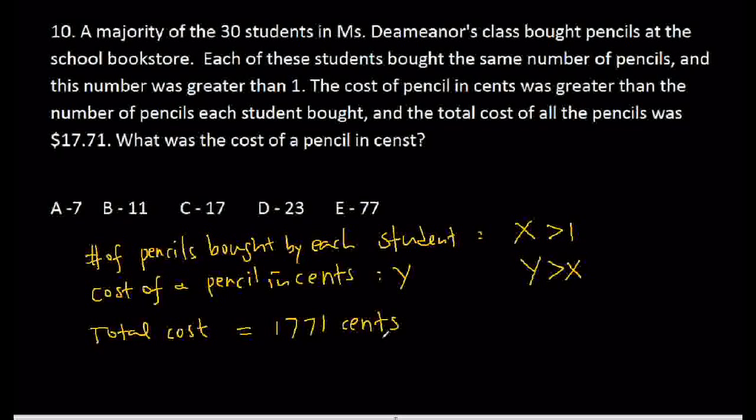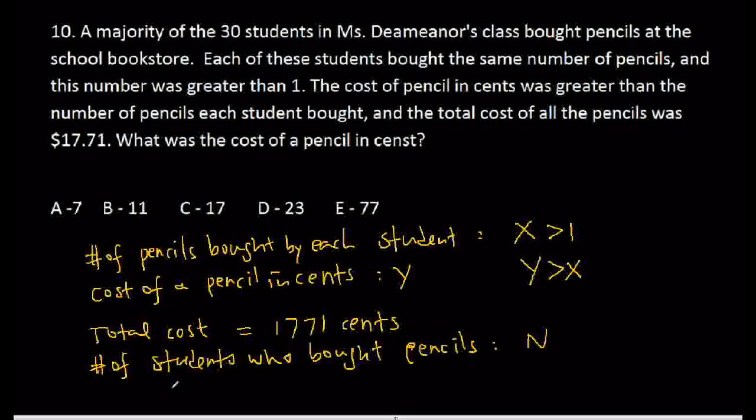That's given. We don't know how many students bought the pencils, but we are told the majority. So let's say the number of students who bought pencils is n, okay? So we can have an equation: the number of students times the pencils they bought times the pencil cost has to be 1771.